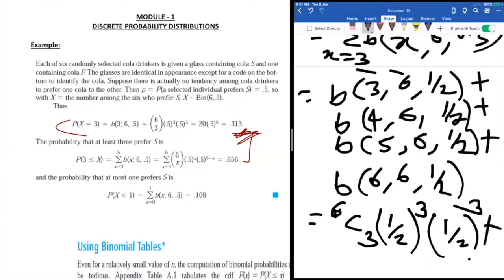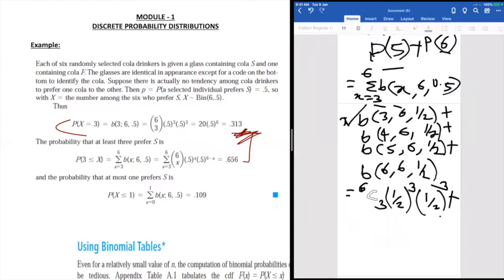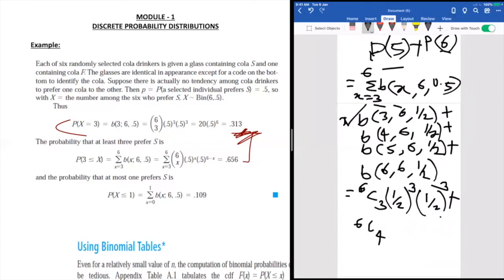So this is binomial of 3, 6, 1 by 2. Plus binomial of 4, 6, 1 by 2, that is 6C4 1 by 2 the whole raised to 4 times 1 by 2 the whole raised to n minus x, 6 minus 4 equal to 2.